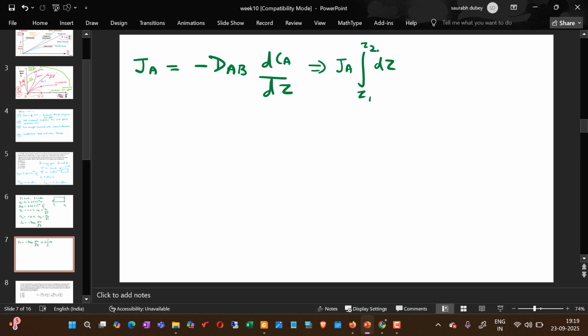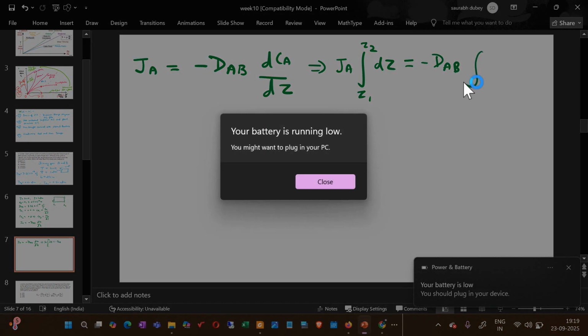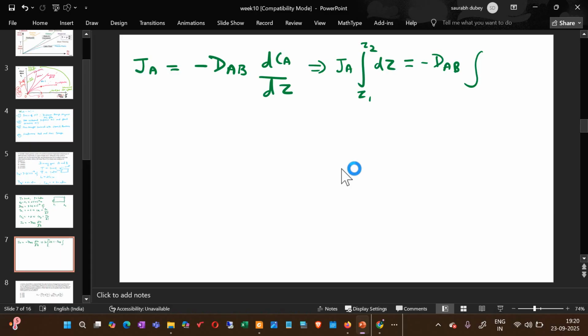Integrate it from Z1 to Z2, DAB, CA1 to CA2, dCA.